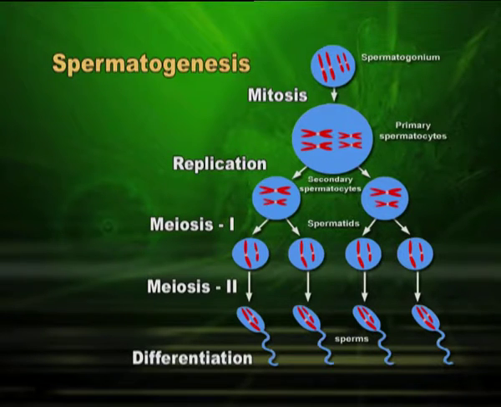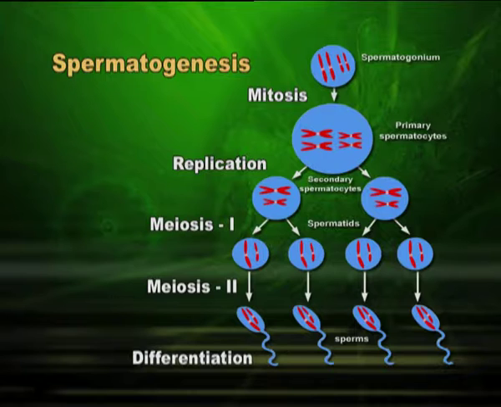Also, children, you know that you have chromosomes in pairs. That is why I said 23 pairs. From every pair one will go to one cell, the other will go to the other cell. That means each pair is represented by one individual chromosome in one cell, and that is how the chromosome number becomes half. Now we are ready with the haploid cell. Now this haploid cell will go through simple mitotic division.